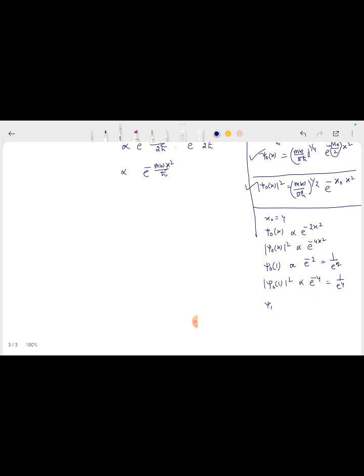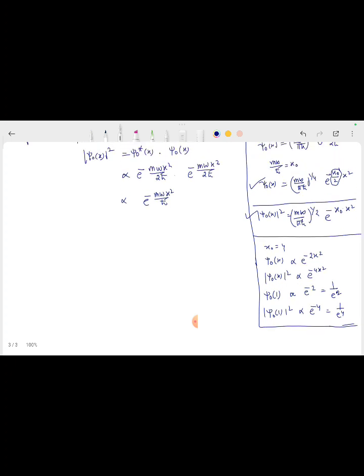So can you imagine which one decays faster from these calculations? From these calculations, we finalize that the psi 0 probability distribution function decays much faster compared to the ground state eigenfunction.